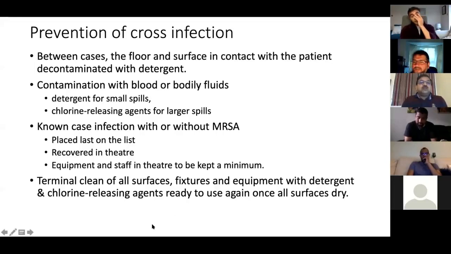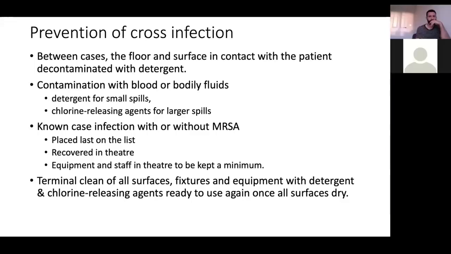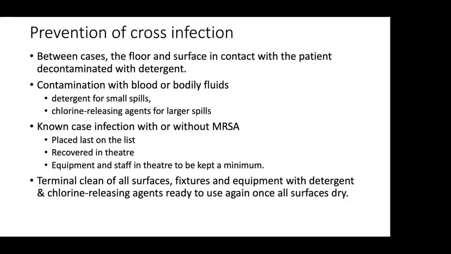Now, prevention of cross-infection. Between cases, the floor and the surface in contact with the patient need to be decontaminated with detergents. For contamination with blood or bodily fluids, use detergents for small spills and chlorine releasing agents for larger spills. A known case with or without MRSA, as is common sense, is placed last on the list.